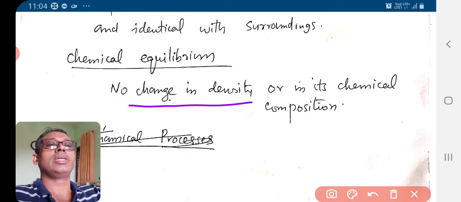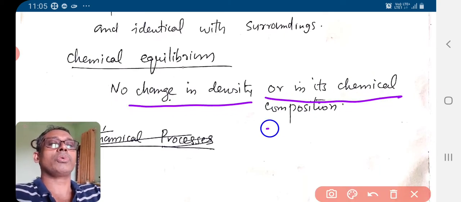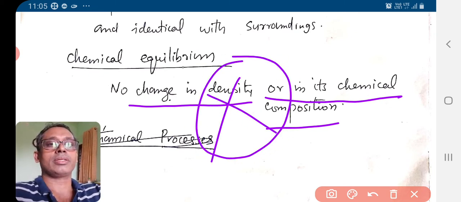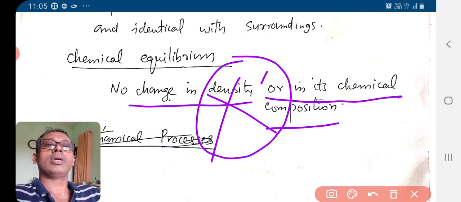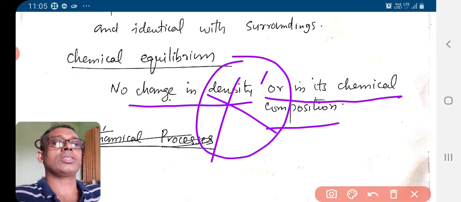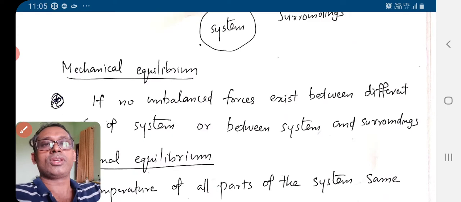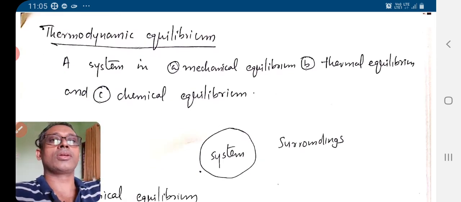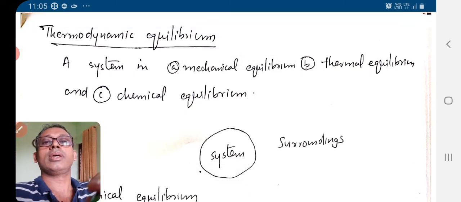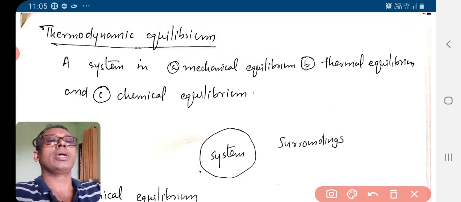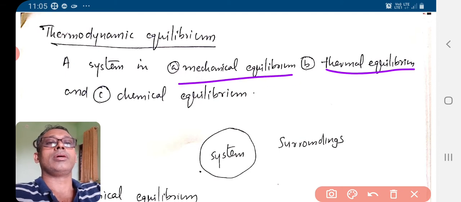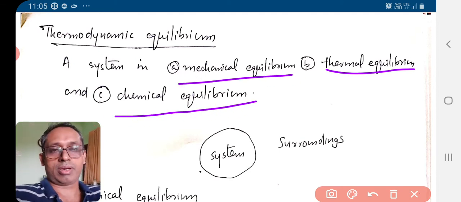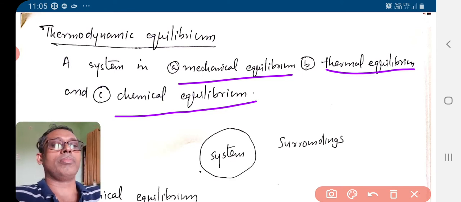If there is no change in density or in its chemical composition, the chemical composition of the system is the same everywhere, we say the system is in chemical equilibrium. So if a system is in mechanical equilibrium, thermal equilibrium, and chemical equilibrium, then we say the system is in thermodynamic equilibrium.